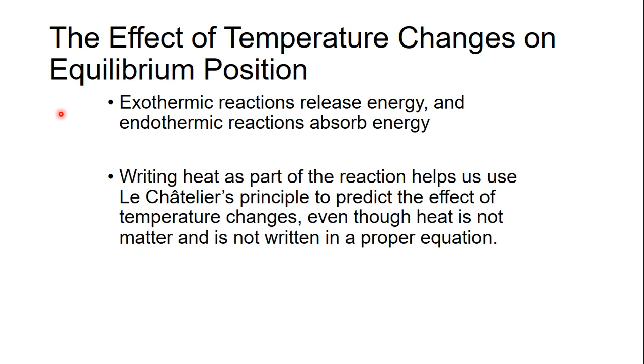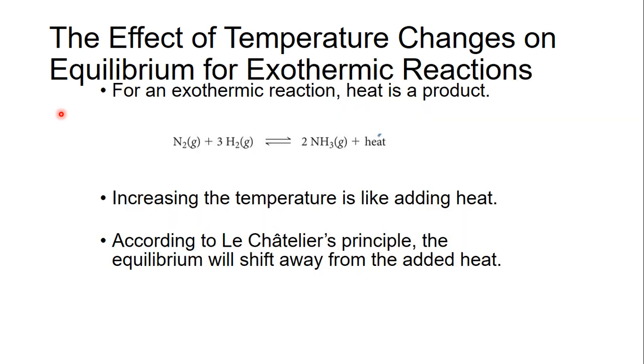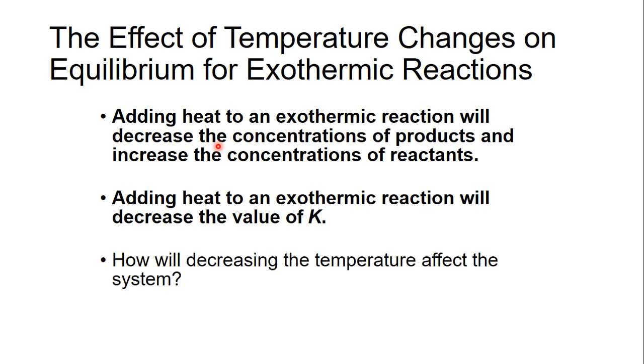So let's take a look at how we can use this to our advantage. In an exothermic reaction, heat is a product. So let's say we have N2 plus 3H2 goes to 2NH3 plus heat, because it's exothermic. If we increase temperature, we add heat, and so our reaction will shift away from the heat and go to the left.